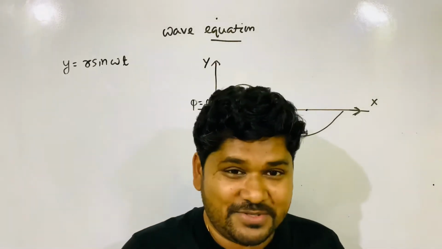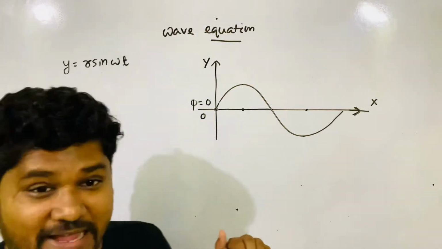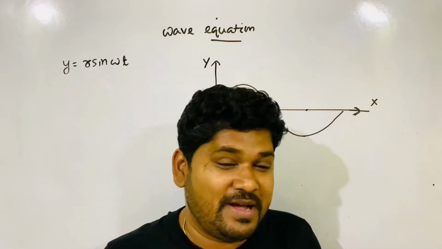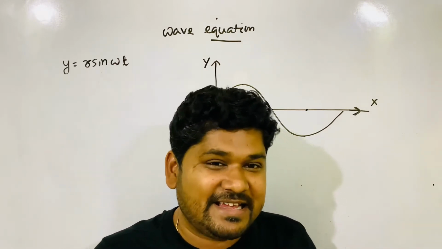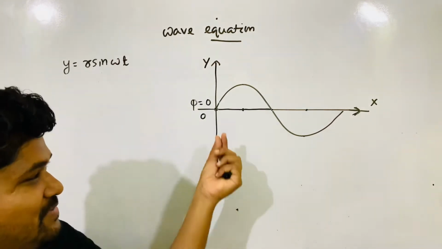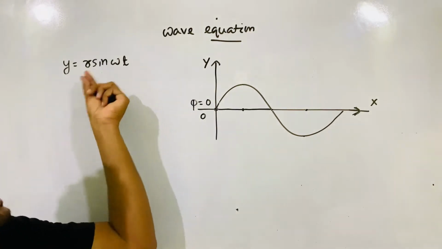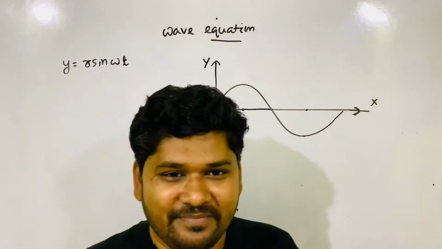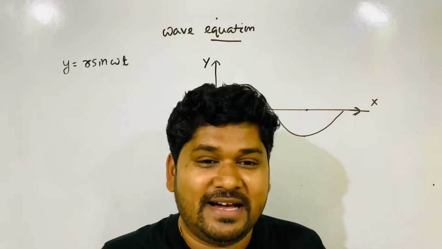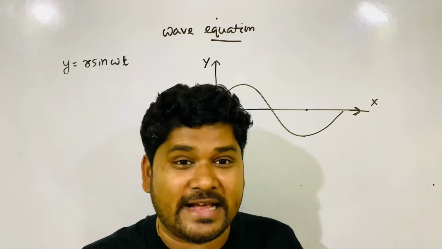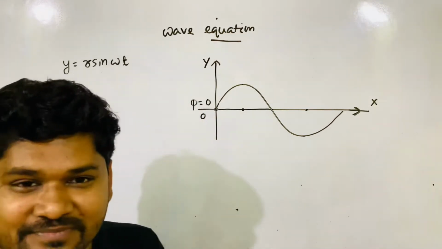If the question comes to your mind, sir, what about x there? X is 0, so that x cancels. That's why I wrote the equation of this particle first. It's easy to write. Y equals r sine omega t, no x, because x is 0.